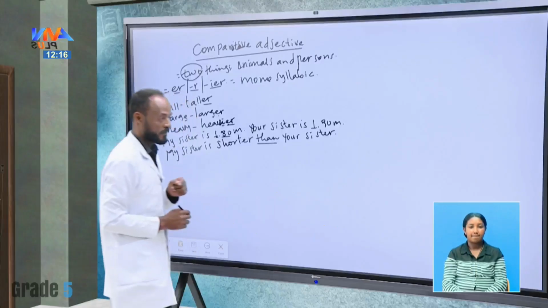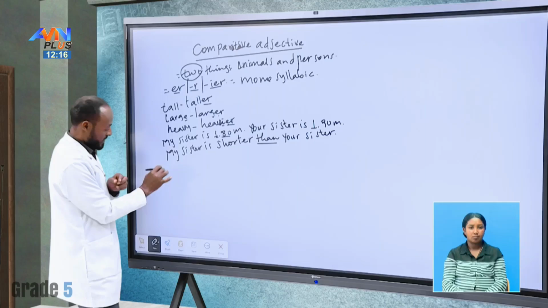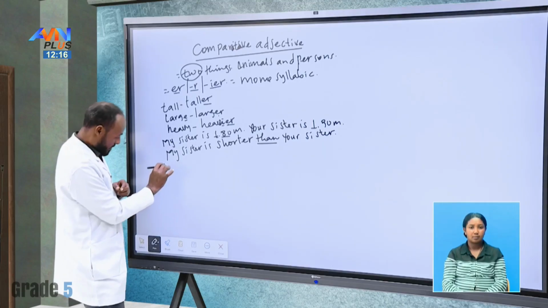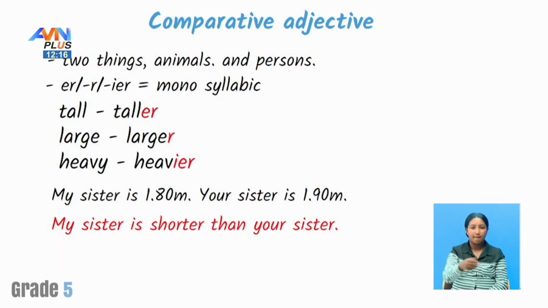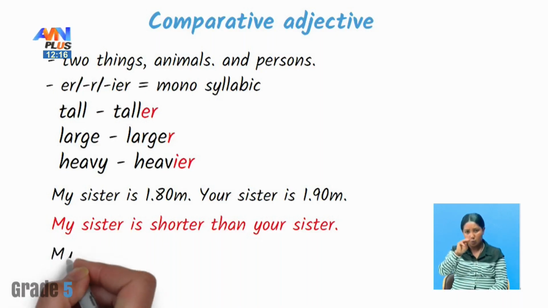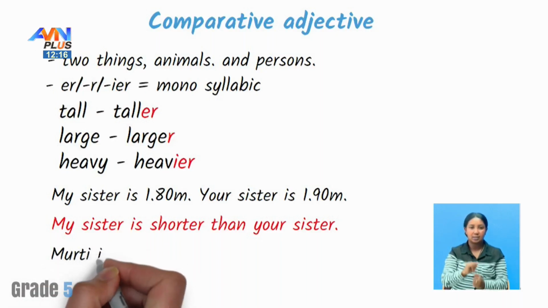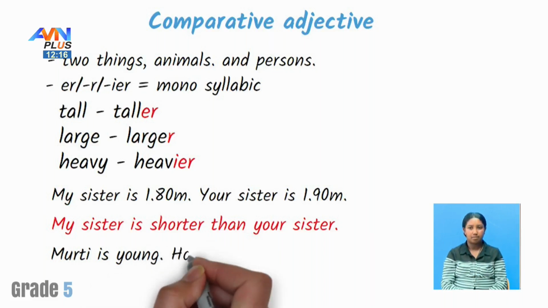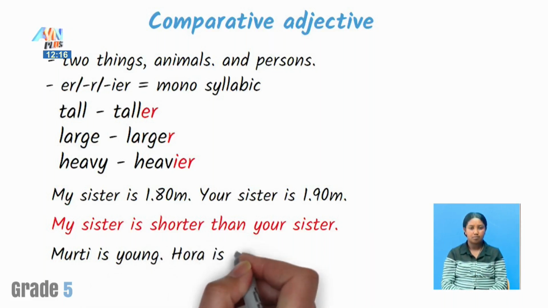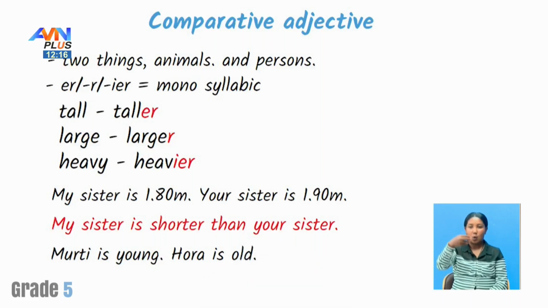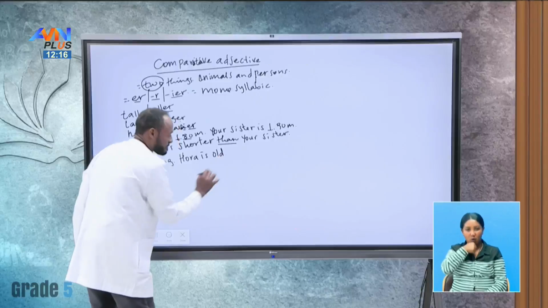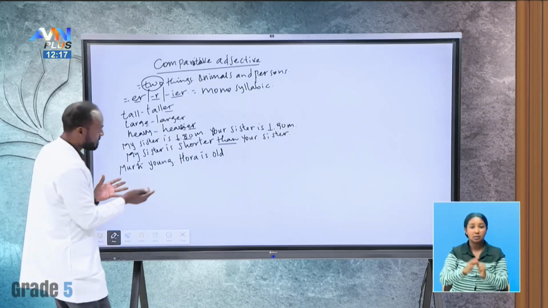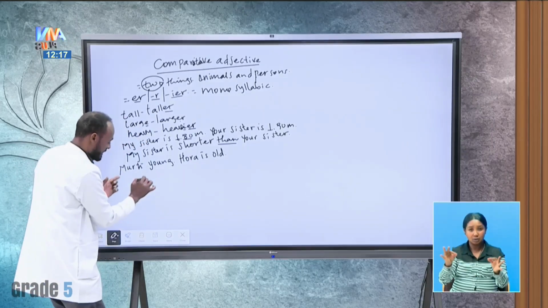Your sister. Murti is young. Hora is old. So when we're comparing in this sentence, we can use what?